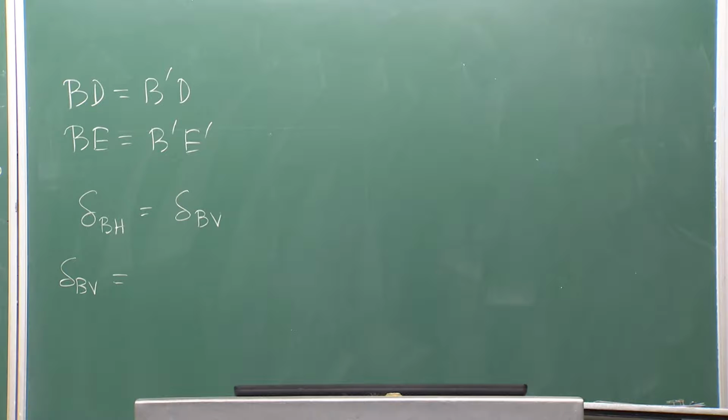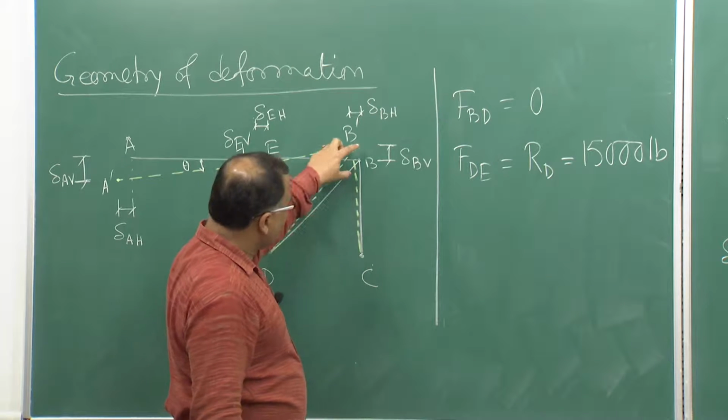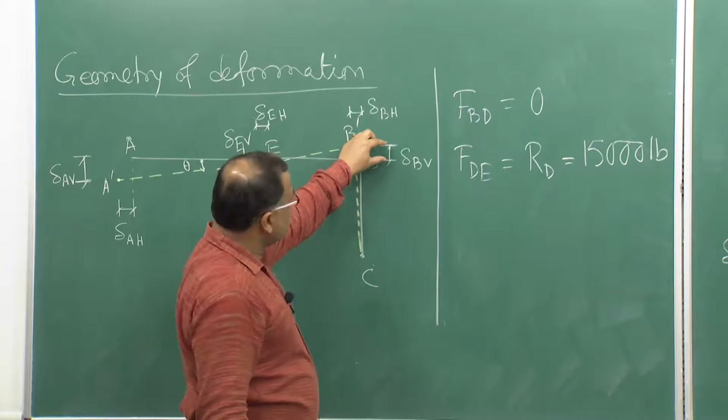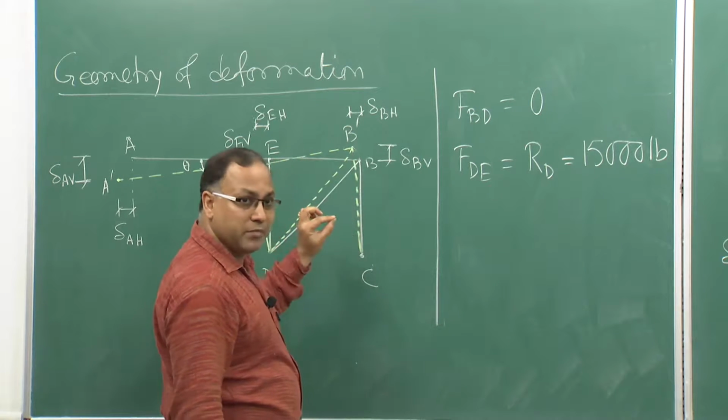Delta BV is nothing but the elongation of member BC, because delta BV is in the vertical direction and member BC is also a vertical member.